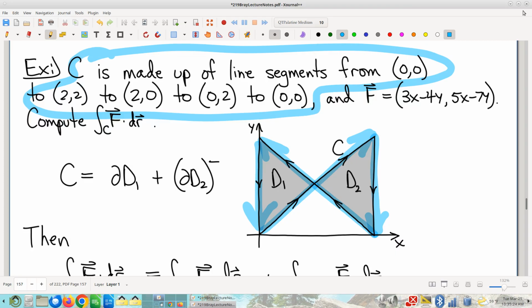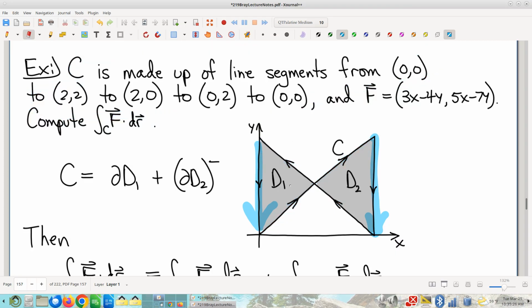And now let's ask the question, as I follow the directions given, as this curve is described, is the region on my left? Well, over here, as I go as prescribed, yes, the region is on my left. But over here, it isn't. Over here, the region is not on my left. The region is on my right. All right, so we have a problem here. The orientation of this curve that I have is not as a boundary yet.